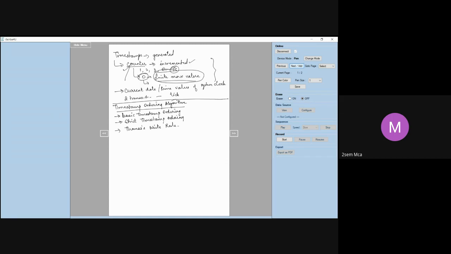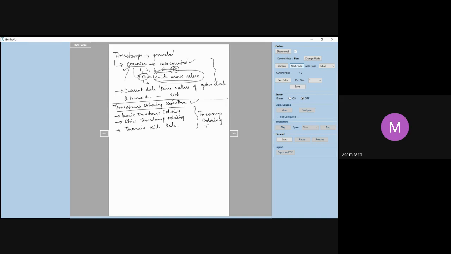The idea for this scheme is to order the transactions based on their timestamps. Okay. Then you are trying to put the transactions in a certain order, correct? This is all actually based on timestamp ordering. That's why we call it the timestamp ordering algorithm.